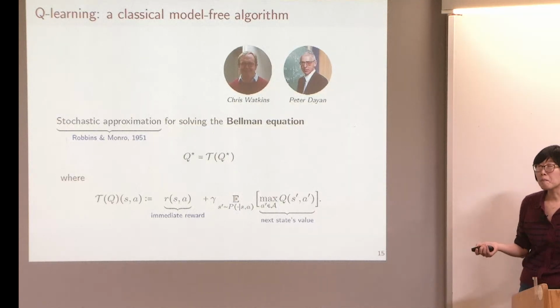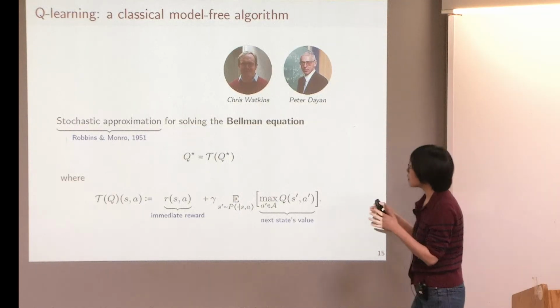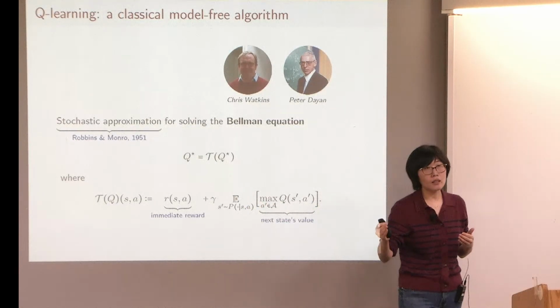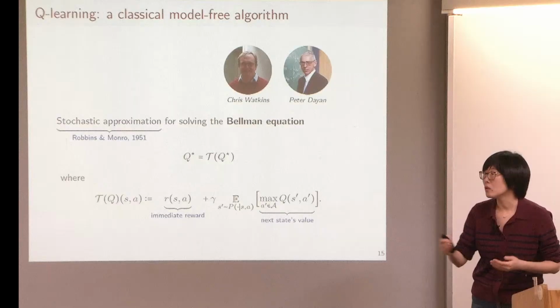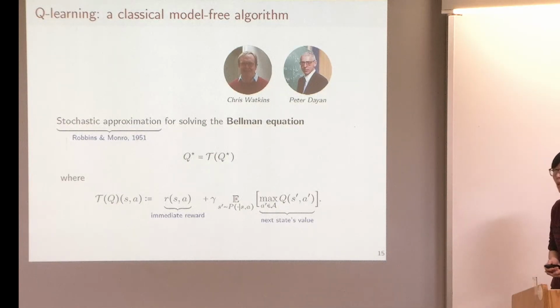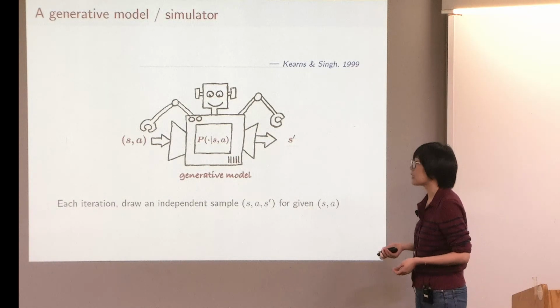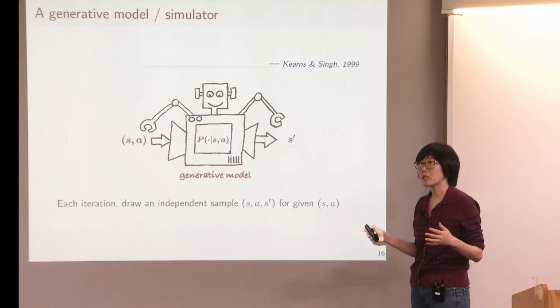Okay. But in this population version, you have to have access to the exact knowledge of the transition kernel, which is not available in the reinforcement learning setting. Rather, as a first case study, we are going to assume we have samples from a generative model.